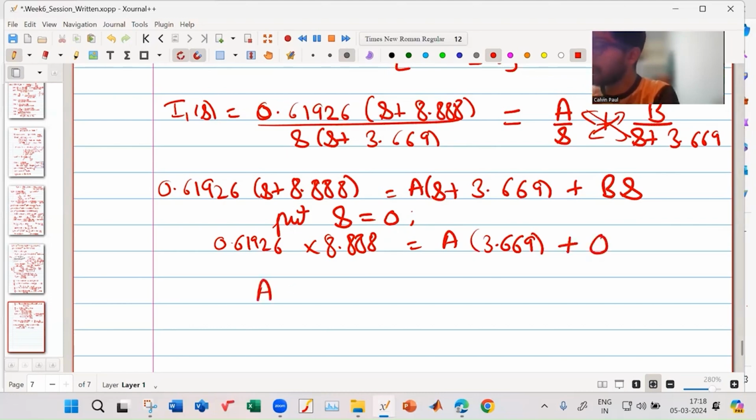So my A will be equal to 0.61926 into 8.888 divided by 3.669. So what will you get A to be?